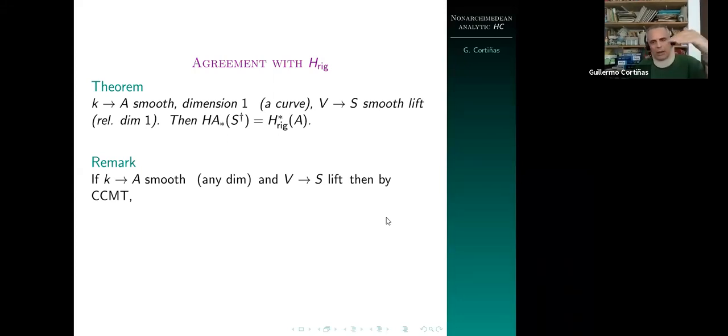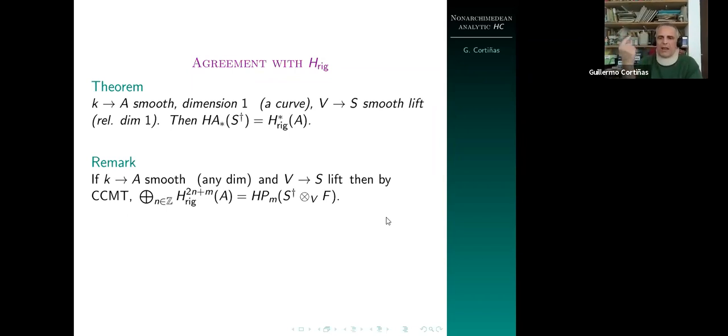Here we want to do something similar, because by the paper that we have with Joachim Cuntz, Ralf Meyer, and Georg Tamme, we know that the periodic rigid cohomology is HP of the algebra, right?